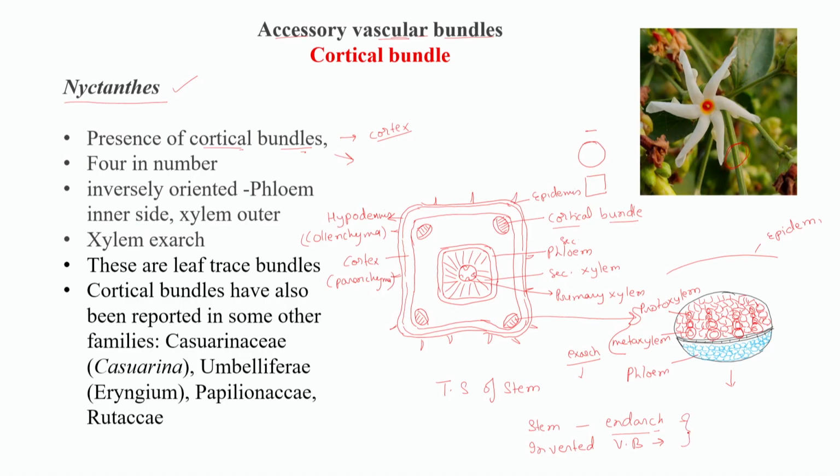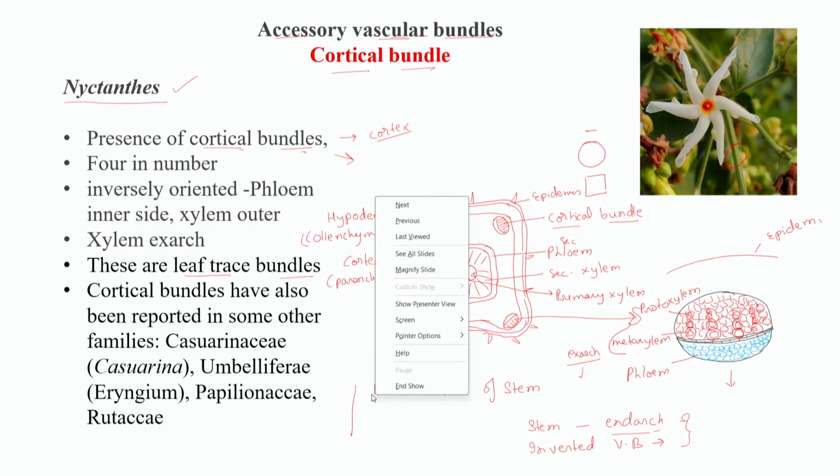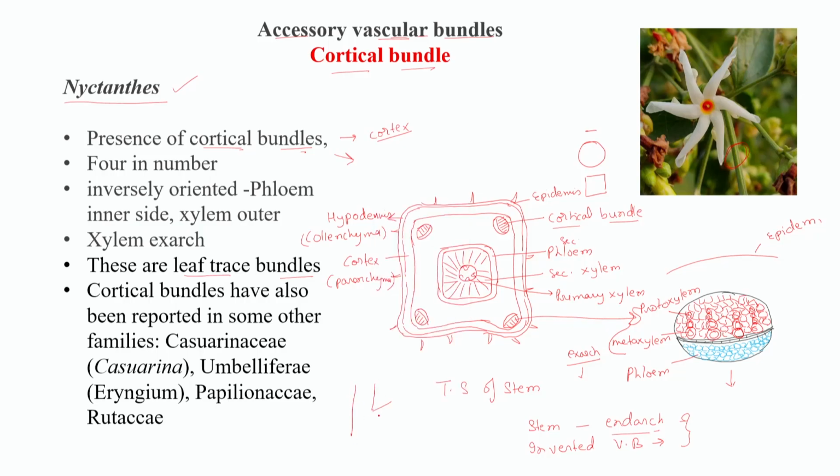Now what might be the origin of these cortical bundles? It is said that they are generally leaf trace bundles. Leaf trace we have discussed before. If a leaf is coming out, it will also require vascular strands.